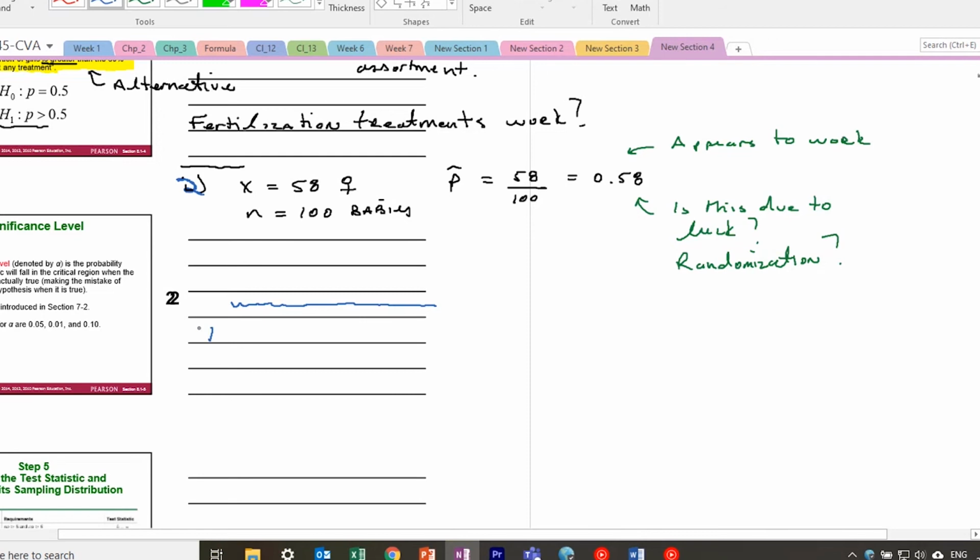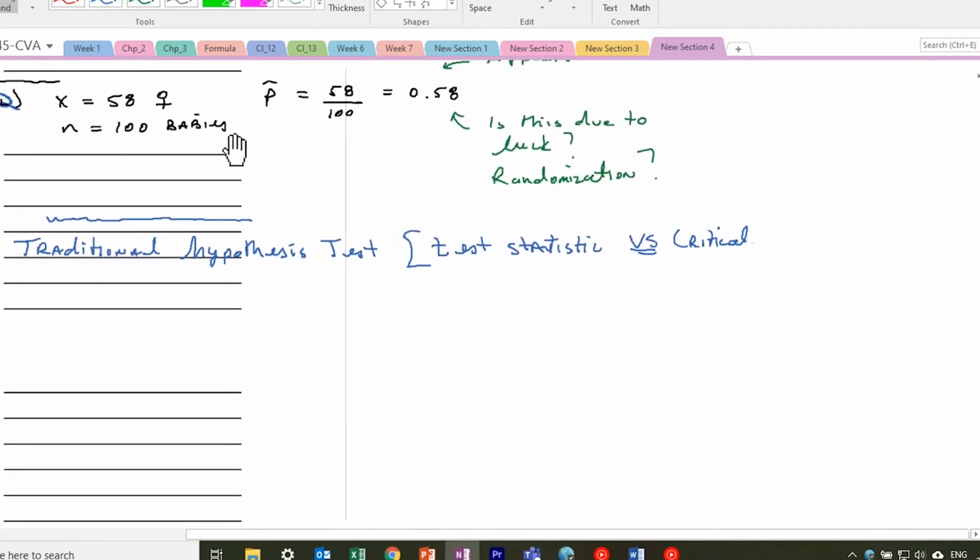Today, we're going to do what's called a traditional hypothesis test, where we're going to compare what's called a test statistic, like a heavyweight match, versus what's called a critical score. Or in other words, the confidence at which you need to be right. So there's going to be a throwback to confidence intervals here. So this is what we're going to do today.